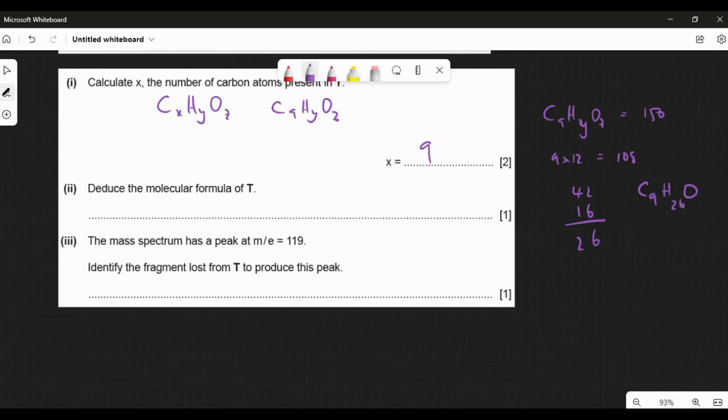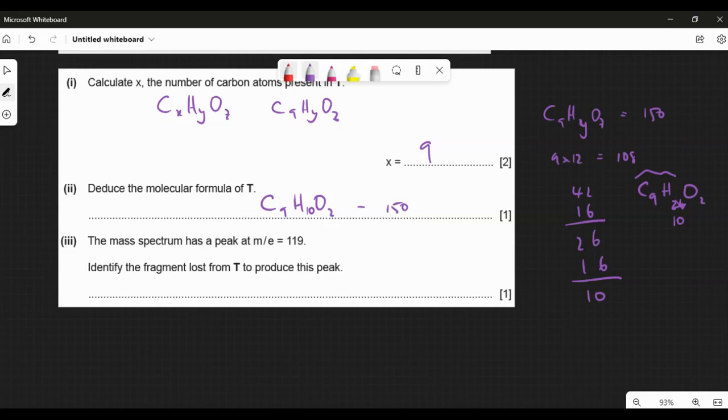That's too many, way too many. So let me take another 16 away. I get 10. This becomes H10O2. That looks reasonable. So I'm going to say C9H10O2, because this makes 150, and that's a reasonable ratio.